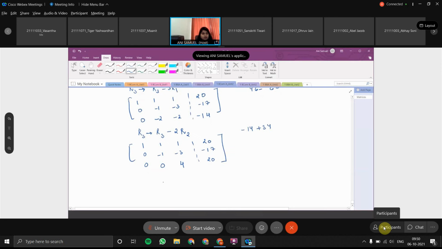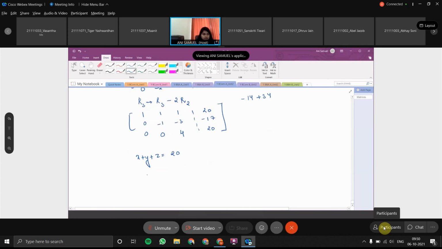So what we do, we write the equations again. So this remains same. This becomes minus y minus 3z is equal to minus 17. And this becomes 4z is equal to 20. Backward substitution, z equal to 20 by 4, we get 5. Minus y minus 15 is equal to minus 17.